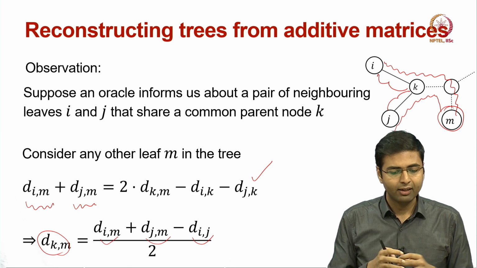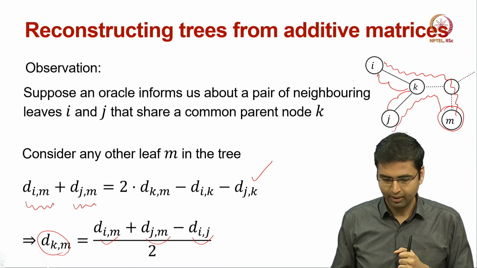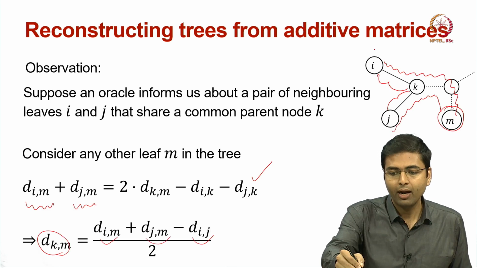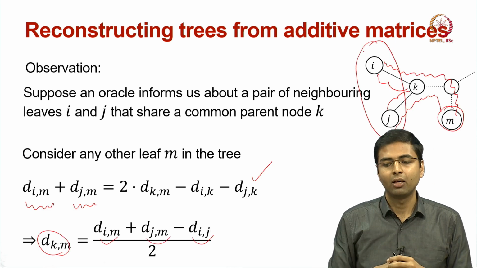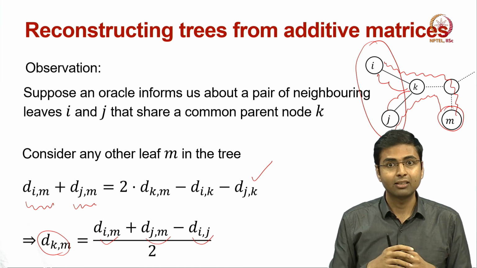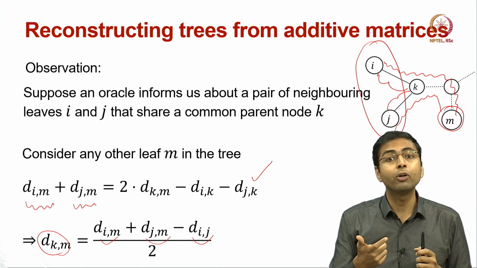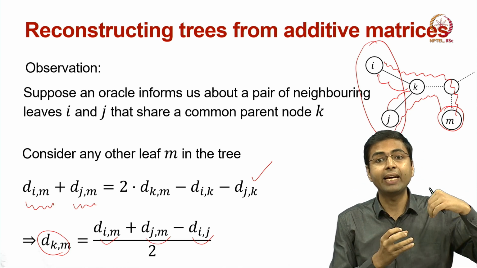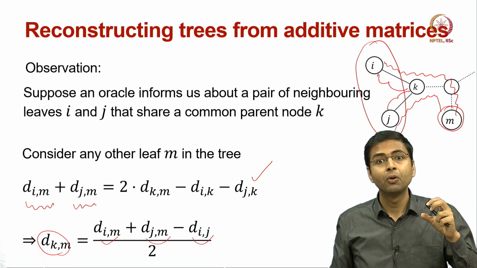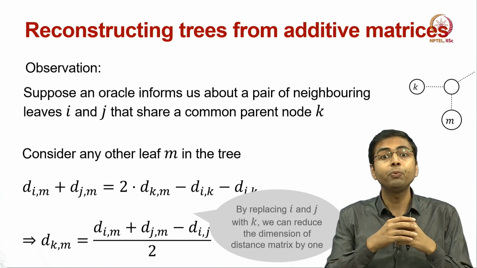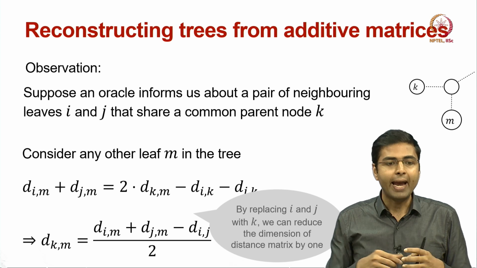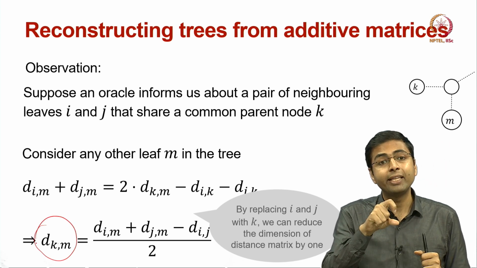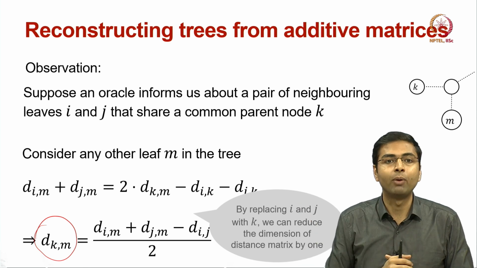Now why this helps is because we can replace the 2 nodes i and j in the matrix with a new leaf node k. Instead of having i and j as leaf nodes, we can remove i and j and assume k to be a leaf node, and we can update the distances of node k with every other leaf node using this formula.